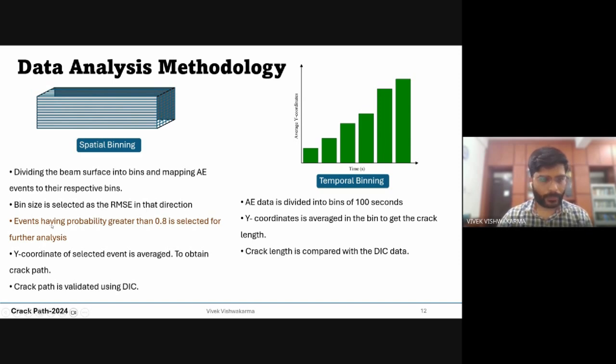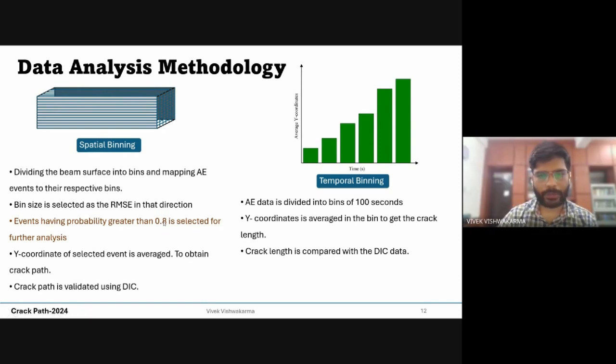So the major benefit of doing Gaussian mixture model is that you can further filter your selected events. When you have identified a tensile cluster, you can further filter it. I have applied a filter of probability greater than 0.8.